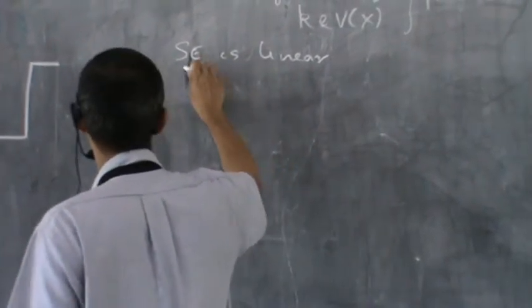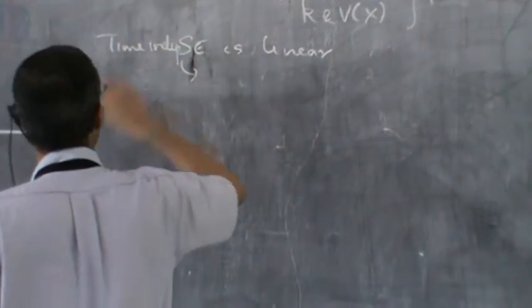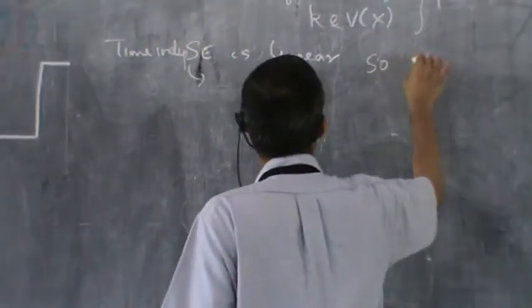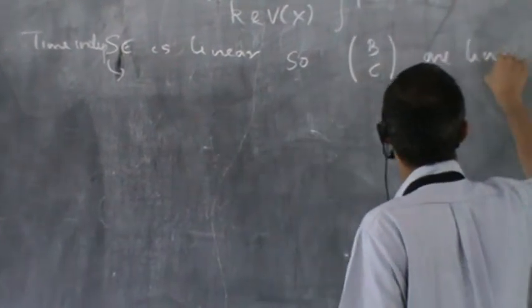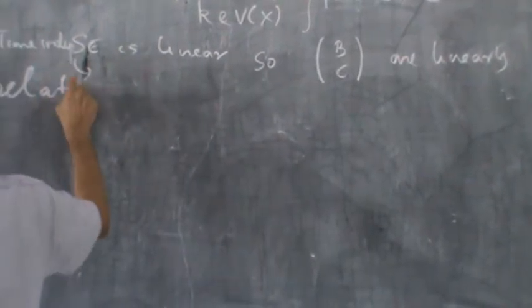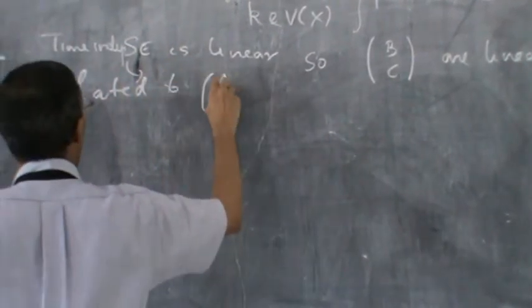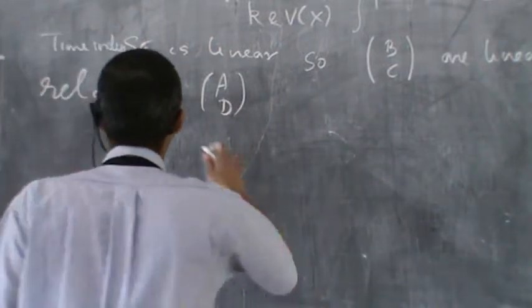The Schrodinger eigenvalue problem is time independent and linear. So B and C are linearly related to A and D. There is a transformation, a matrix that maps the incoming amplitudes to the outgoing amplitudes.